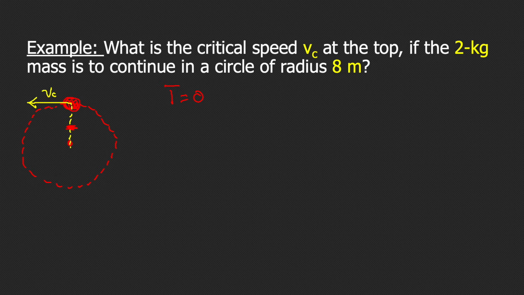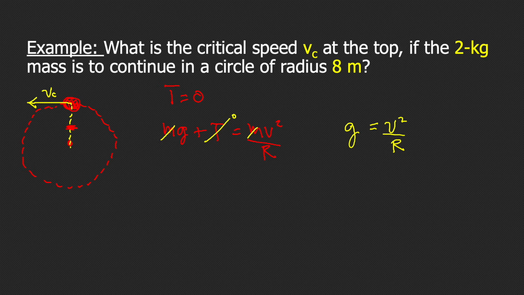Now, to get that, we can say that mg plus T, remember this is the equation that we used earlier, is equal to mv squared over r. If tension is 0, this becomes 0, and of course we can also cancel m and m here. This gives us the equation g is equal to v squared over r.